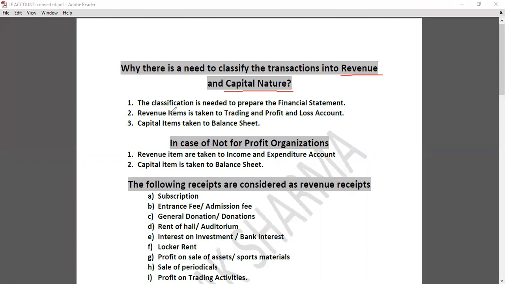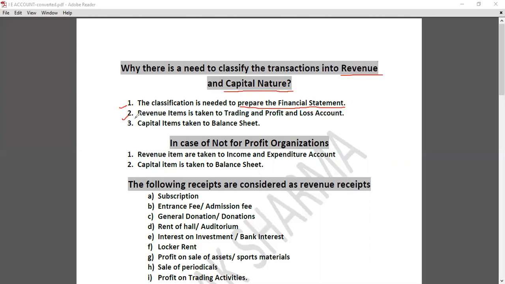So the first point you can see here is that the classification is needed to prepare the financial statement. The classification of transactions into revenue and capital nature is needed while we are preparing the financial statement. Suppose we have categorized the transactions into revenue and capital nature.